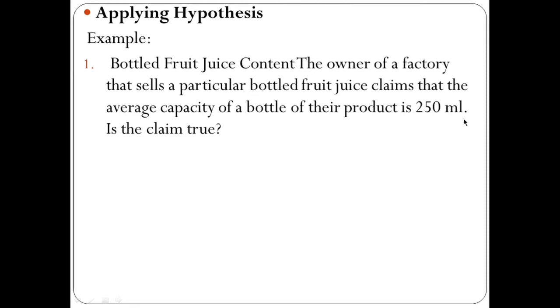So, the question is the claim true? Kumbaga, walang kasiguraduhan na every bottle of their product is exact 250 ml. Okay, so yun yung gagawin natin. Titingnan natin kung tunay nga ba yung haka-haka ng owner or mali. Is the claim true or not?